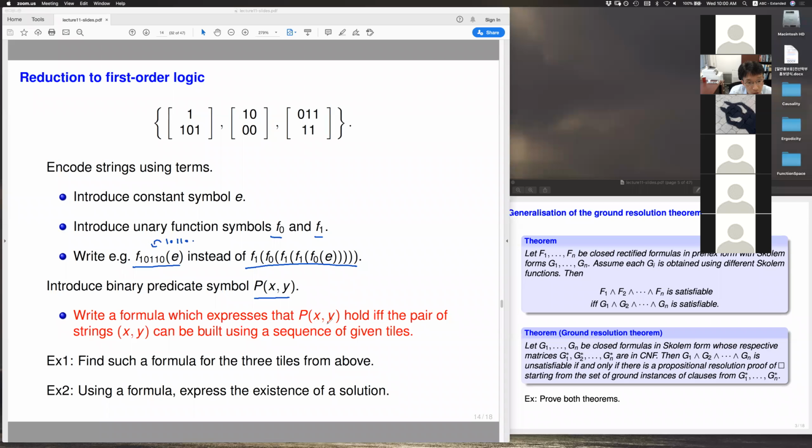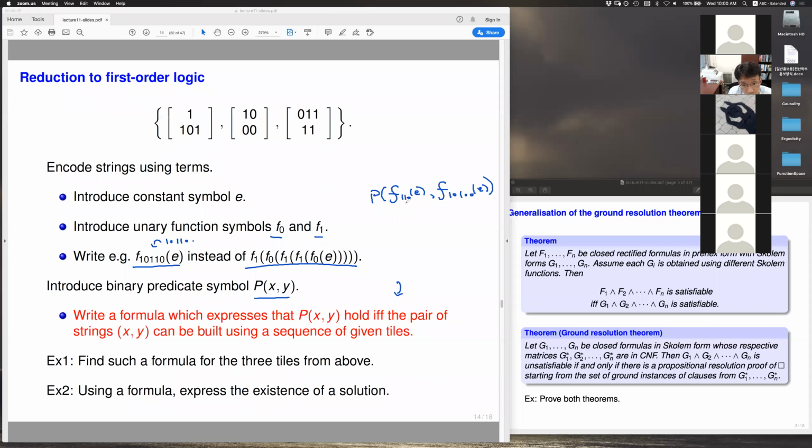It is something that by just listing this sequence of tiles we can construct. So for instance, we are expecting that P of F1, 1, 0, and F1, 0, 1, 0, 0 is true.